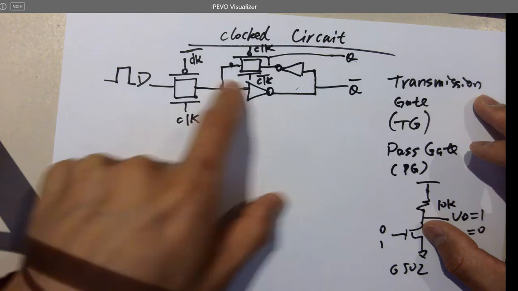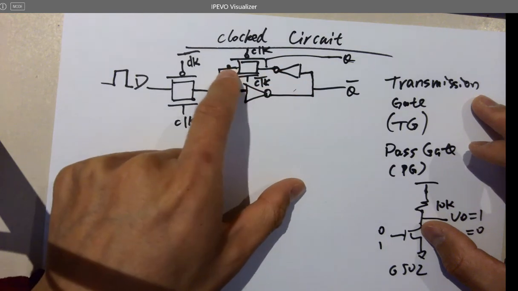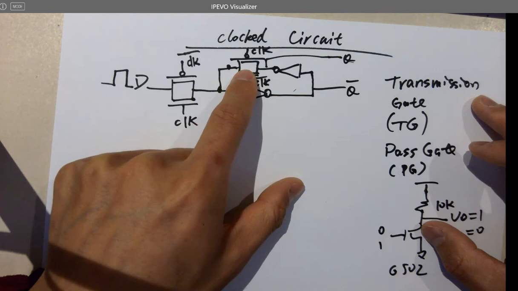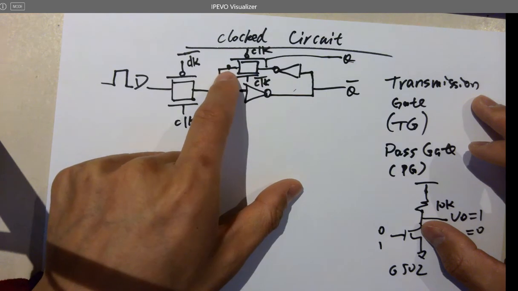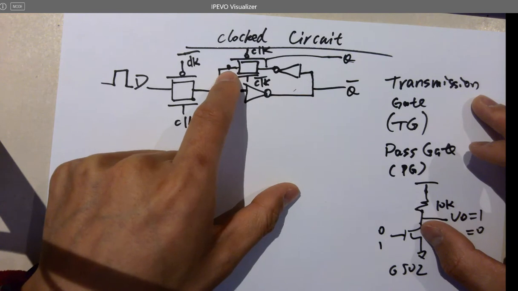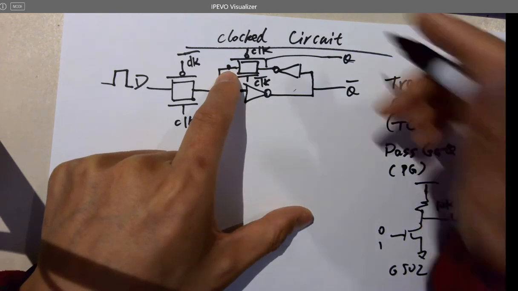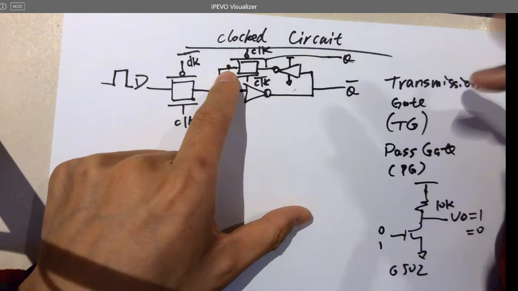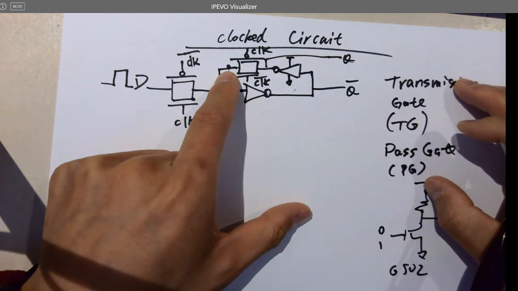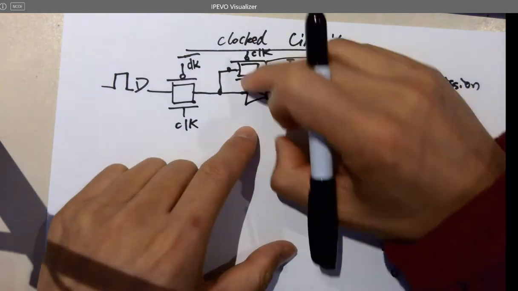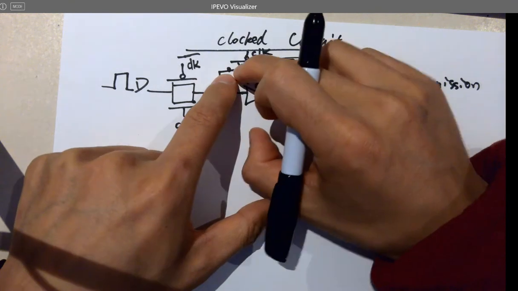So what is actually affecting this point if you turn it on? I didn't draw it, right? If you turn it off, then there will be just some residue charges over there.